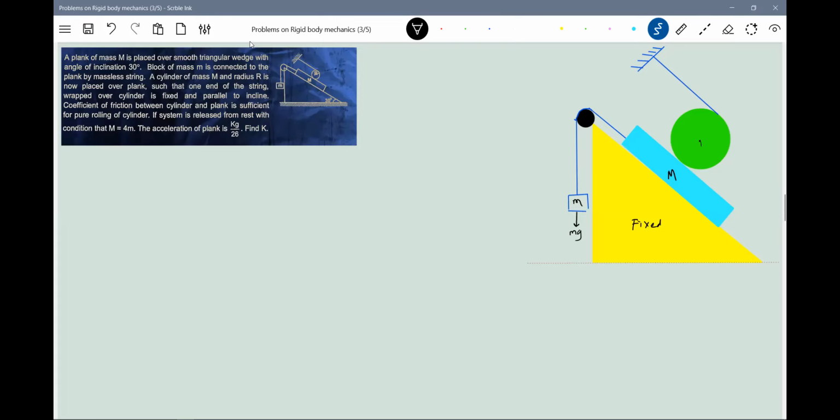These are the masses, capital M. We will make it m1 so that symbols will not get confused, and the mass of this also m2. Let's proceed with this one. So the moment I release, here the tension is called T1. The weight component m2g sine theta.